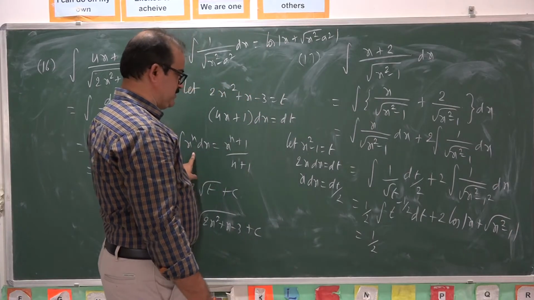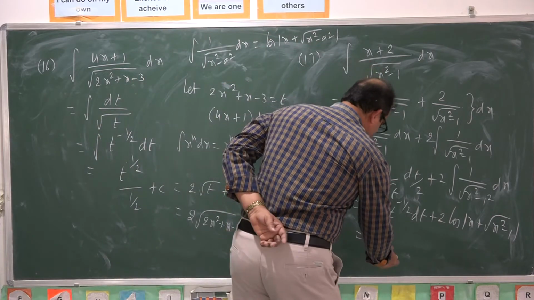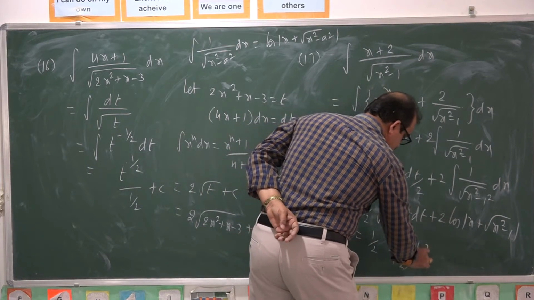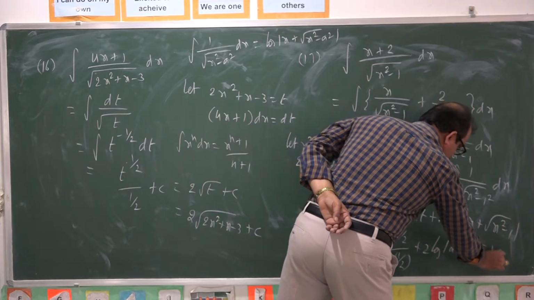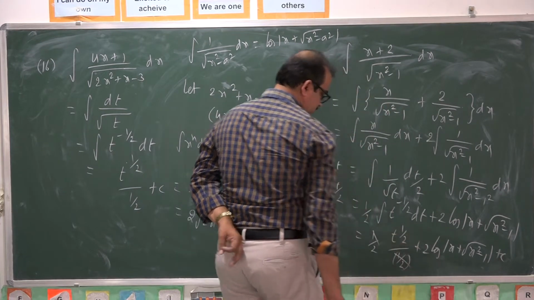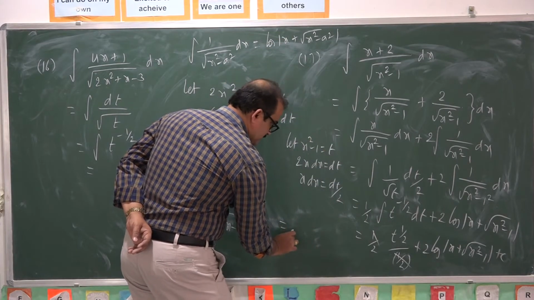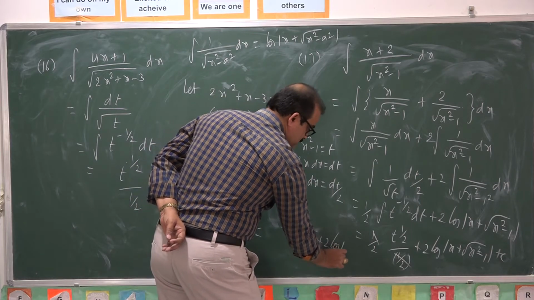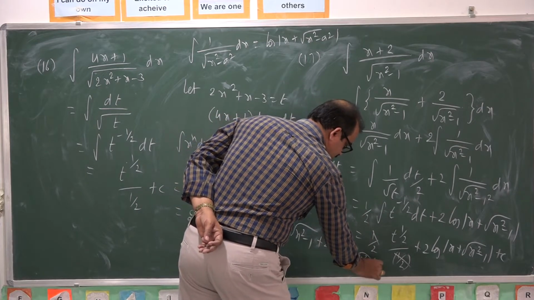Already we discussed that formula, that is x power n plus 1 by n plus 1. Here n is minus 1 by 2. So we get t to the power of 1 by 2 by 1 by 2, plus 2 log of mod x plus root of (x square minus 1), plus c. This 1 by 2 cancels. T power 1 by 2 is root t. But what is t from our assumption? x square minus 1. So it is root of (x square minus 1) plus 2 into log of (x plus root of (x square minus 1)) plus c.